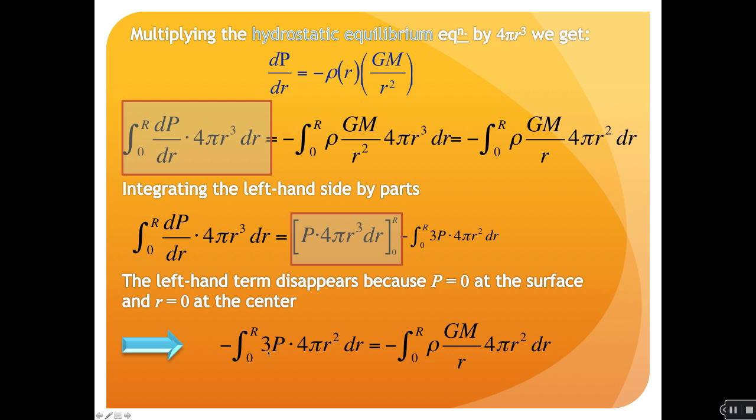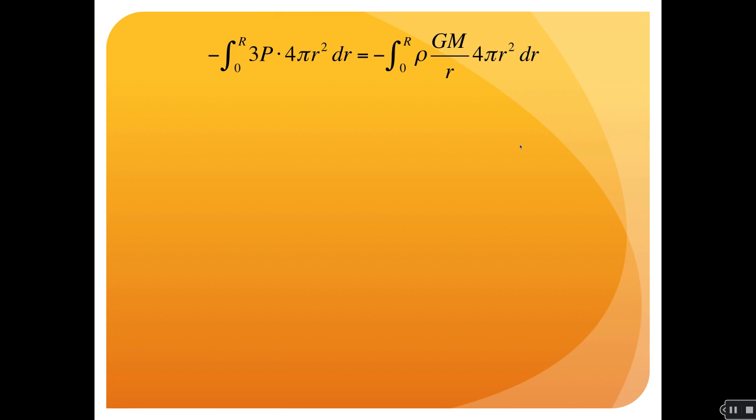So now we've got minus 3P times 4 pi r squared dr is equal to minus rho Gm over r times 4 pi r squared dr. And now hopefully it becomes clear why we did this little alteration right here. So we've got this equation that is just basically taken from hydrostatic equilibrium.